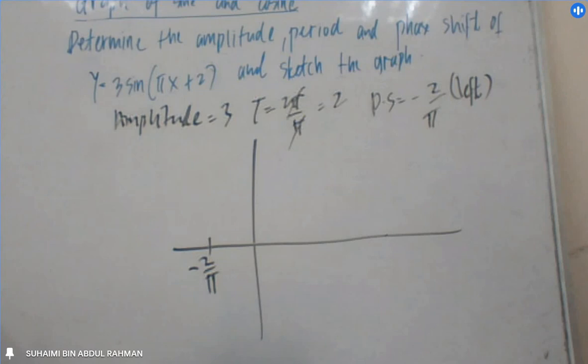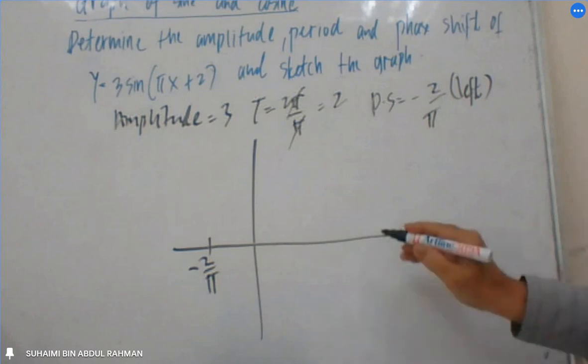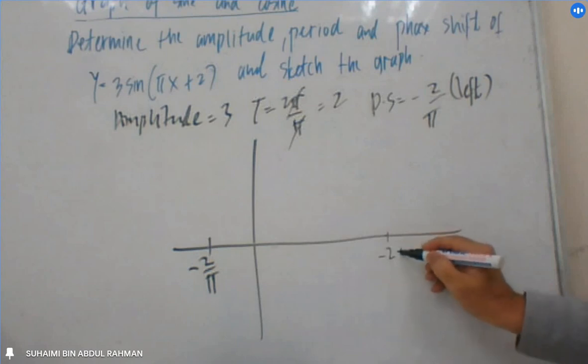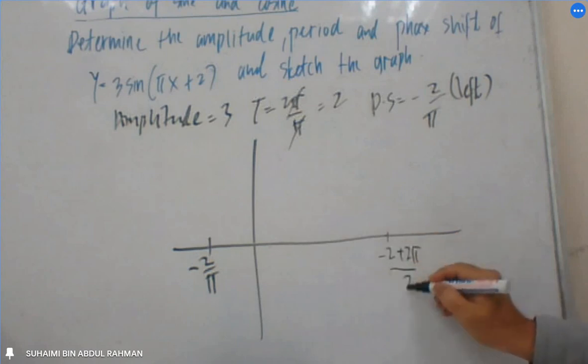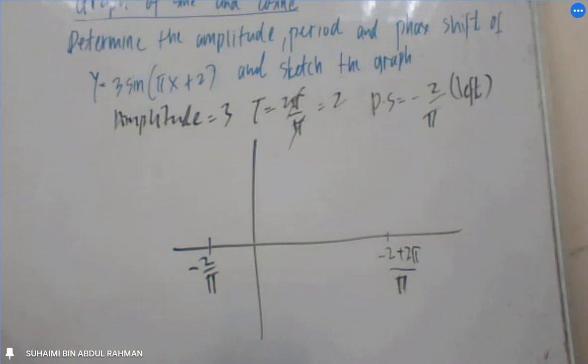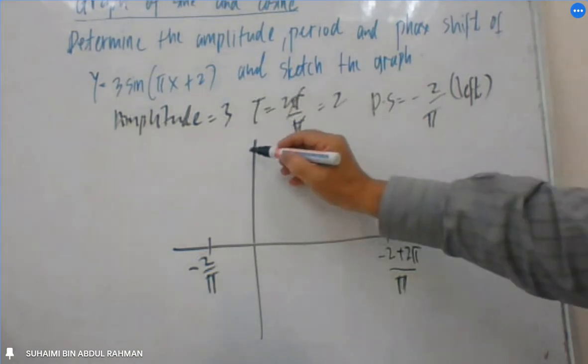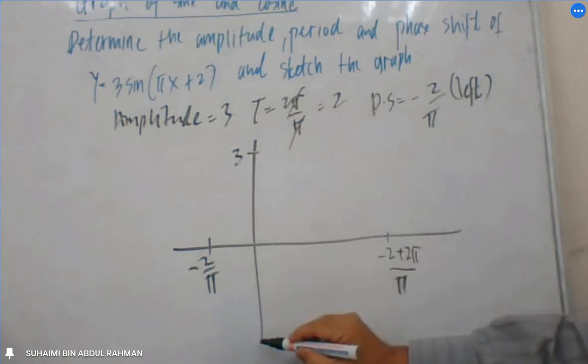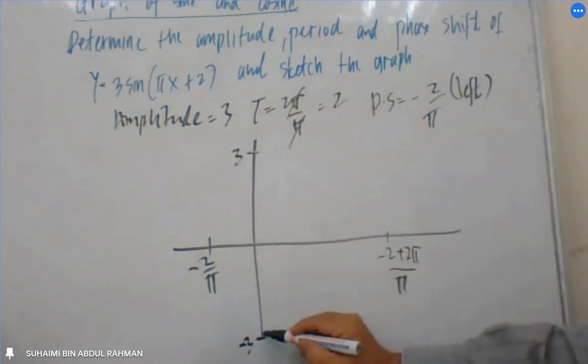Minus 2 over pi plus 2 is minus 2 plus 2 pi over pi. Amplitude 3, minus 3.